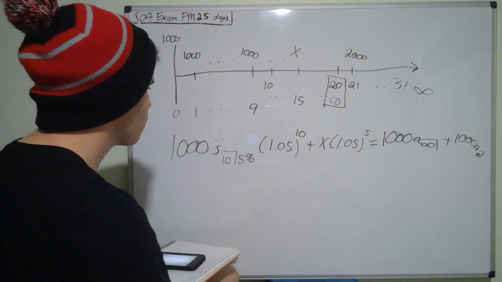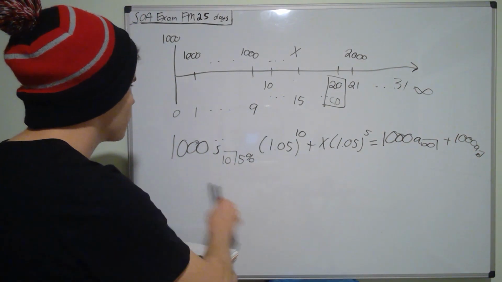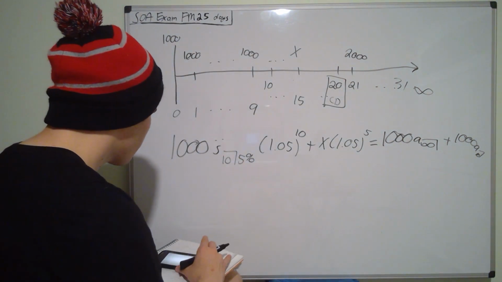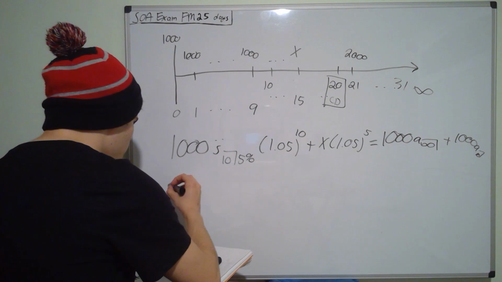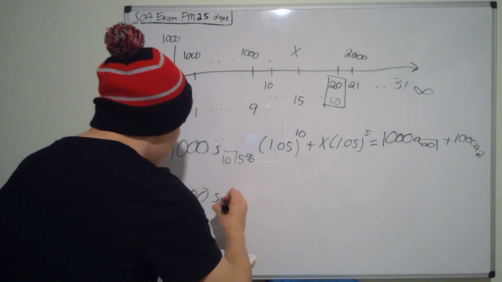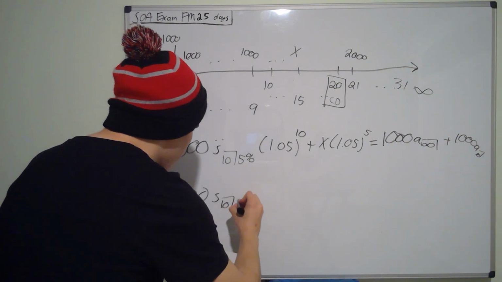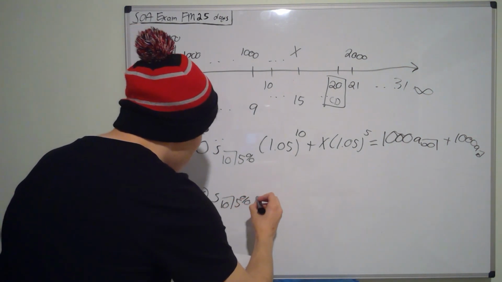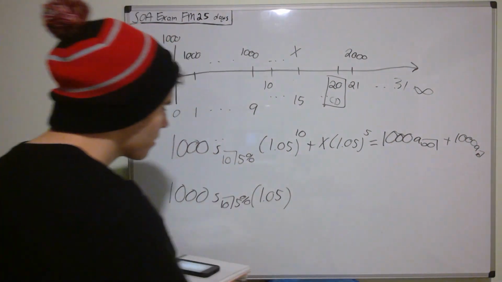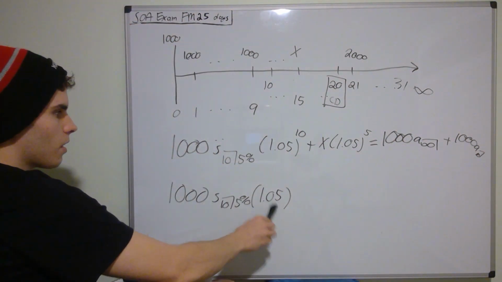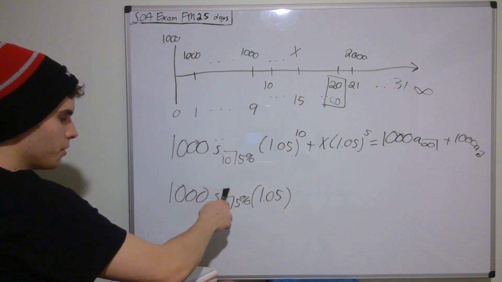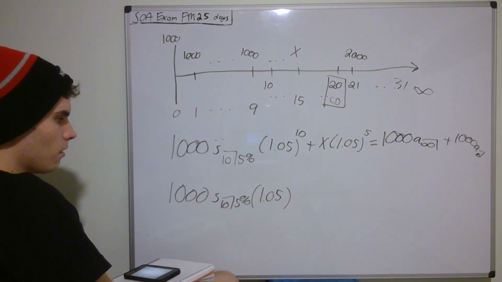And it's kind of hard to solve this with your TVM calculator. So you can transform that into this by taking it times one interest rate period. So S angle 10 at 5%, take that times 1.05, right? Because that's how you change the accumulated value of an annuity due to a normal one.